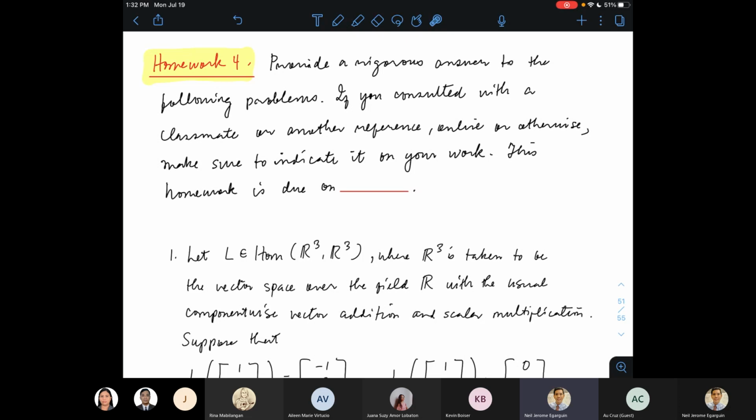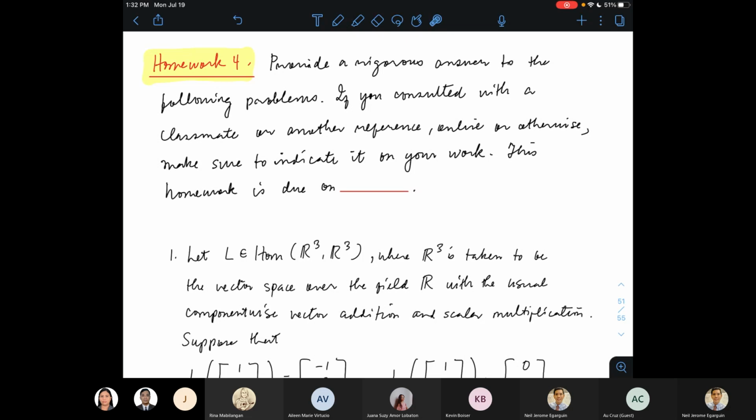All right? So that's the deal. You can only use things that were proven in the previous modules for homework 4, or some elementary facts that we can assume from your previous courses. But do not use anything from module 4 in order to solve problems from homework 4. All right? Okay. Yeah, any questions?